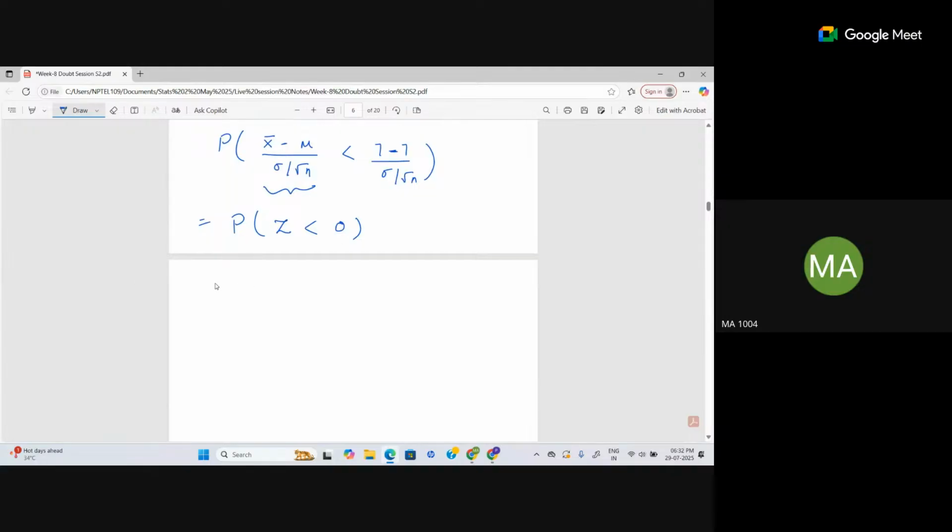Now, what is the value of P(z less than 0)? 0.5. This value is known to us. Otherwise it will be given in the question, but this is a very general value that we should remember. So the answer will be 0.5. Okay, you can check.